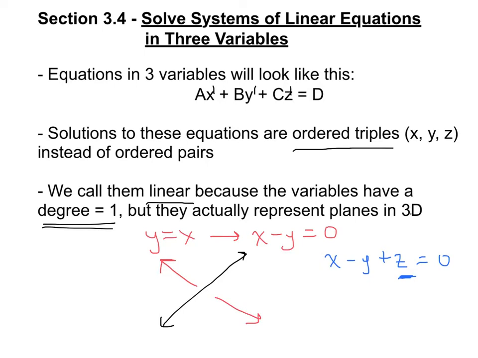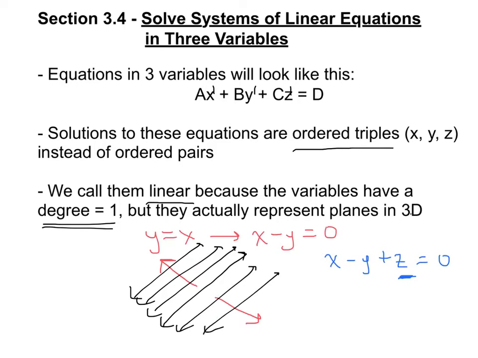Either way, it's going to be shifting. And now if you can kind of picture that, well, the line can move here, it can move here, depending on what our value of z is. And since it can move a certain way along the quote-unquote z-axis, which we're not going to worry about graphing, you will see eventually that these lines form a plane.